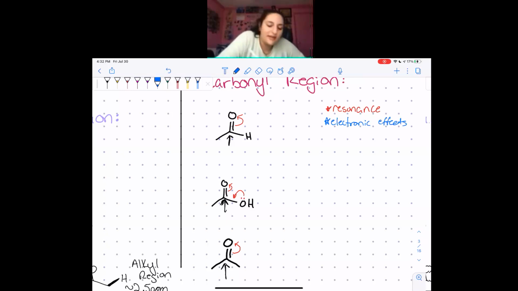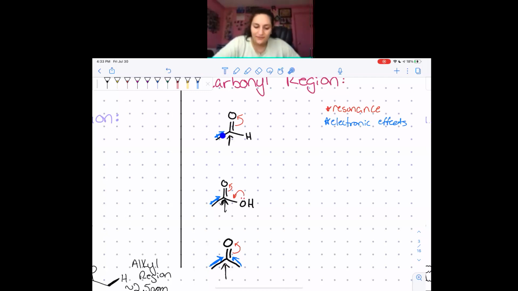So electronic effects are basically describing how this carbon density is donated from each CH3 to here. So those carbon groups are going to donate electron density to that delta plus. So what this means is this is going to be less positive, aka more shielded, the more donation there is.